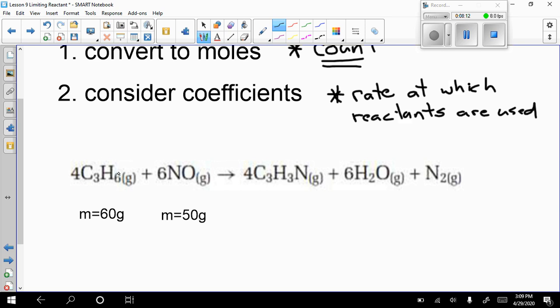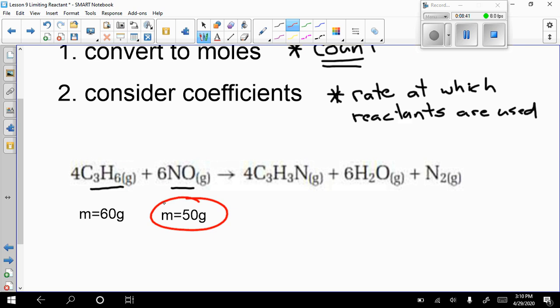So if I told you that in this reaction you had 60 grams of this first substance and you had 50 grams of this second substance, and I said to you, which is the limiting reactant? Well, the untrained chemist might turn to you immediately and say, well, this one is the limiting reactant because you have less of it.